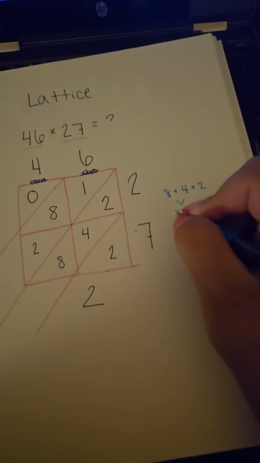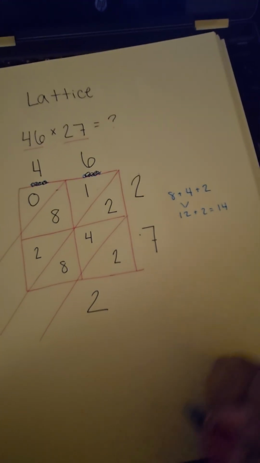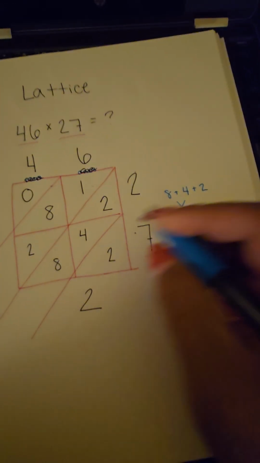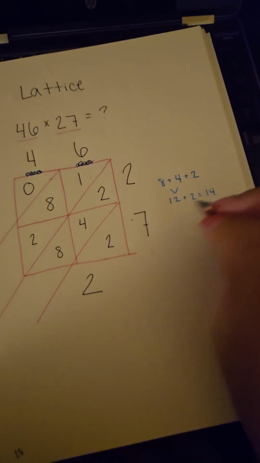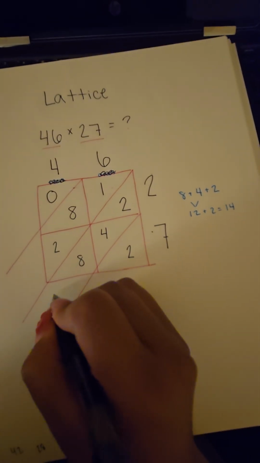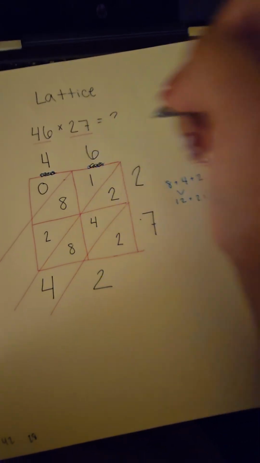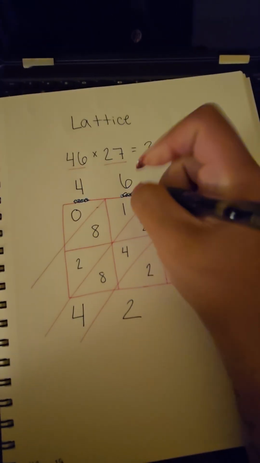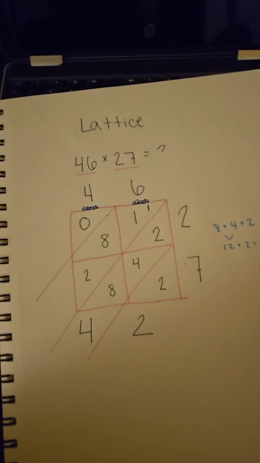This is 12 plus 2 equals 14. So we have 14, which is 2 digits, but this is just 1 digit area. So we will put the 4, which is the ones, and then carry that 1 up into this diagonal column.